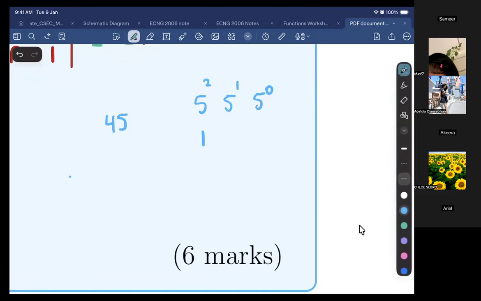The remainder is 20, right? So we have 20 remaining. How many 5s would I need to make 20? 4. You see how quickly we're figuring this out? So 20 minus 20 is 0. Put 0, that's it. 140. That's it.